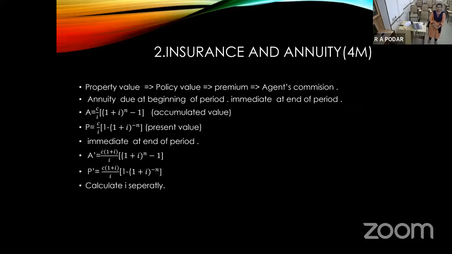Now one more thing, while presenting these types of sums, we have to calculate I separately. What happens if you are not getting the answer? You are not sure whether you have to apply the accumulated value or find the present value. At that time, if you applied the wrong formula, and in that only you try to calculate I, then whatever substitution you had done is basically wrong because you applied the wrong formula.